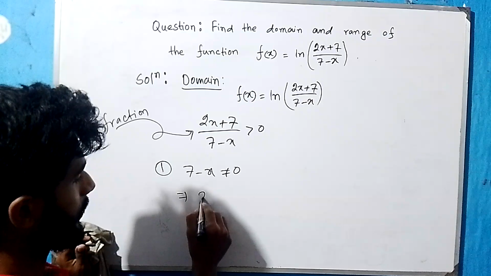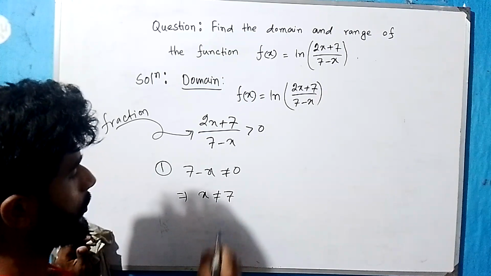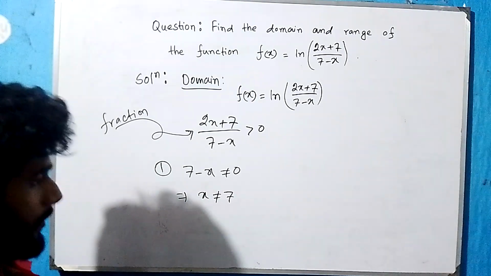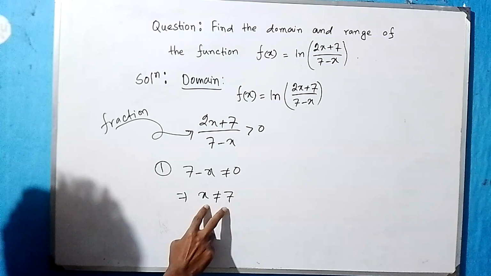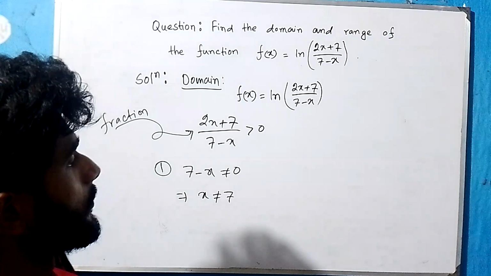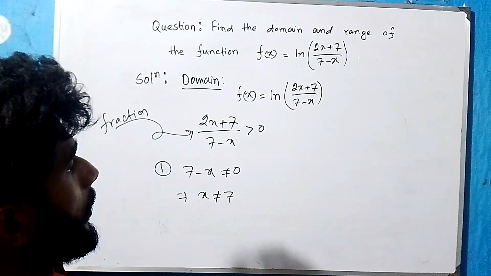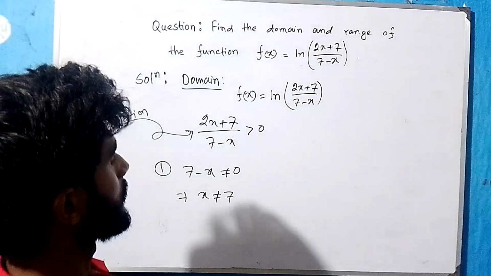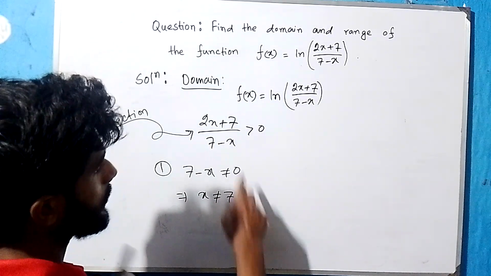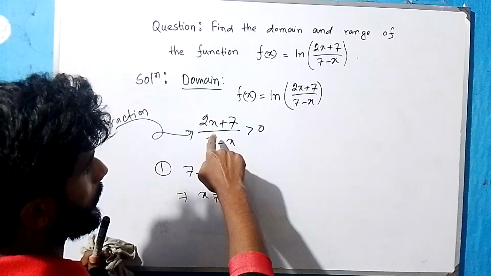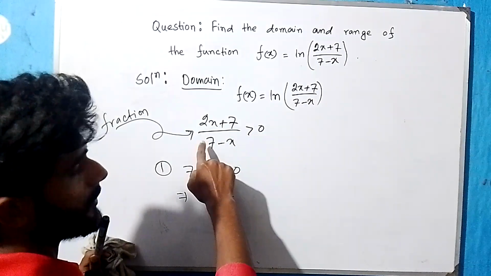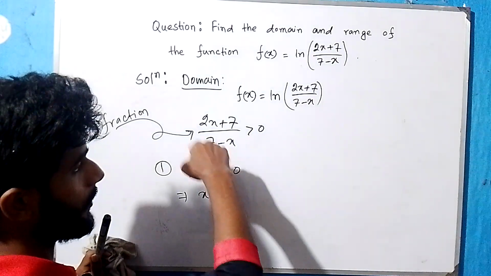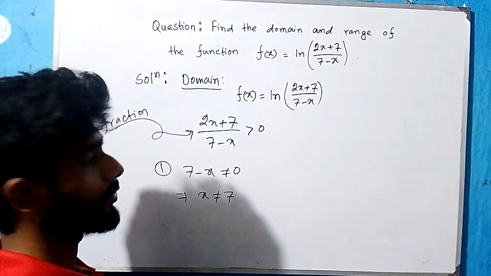That gives x cannot be equal to 7, right? Now we have another observation, that it's greater than 0, that is this function is not equal to 0.